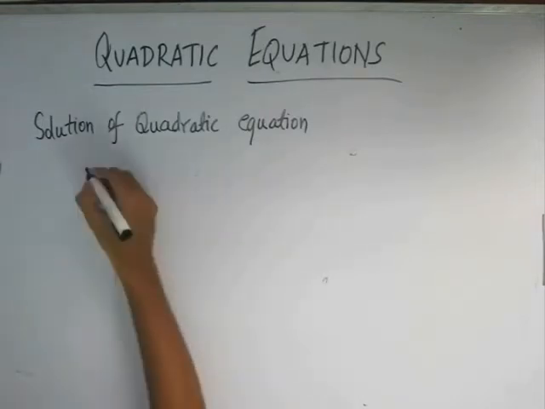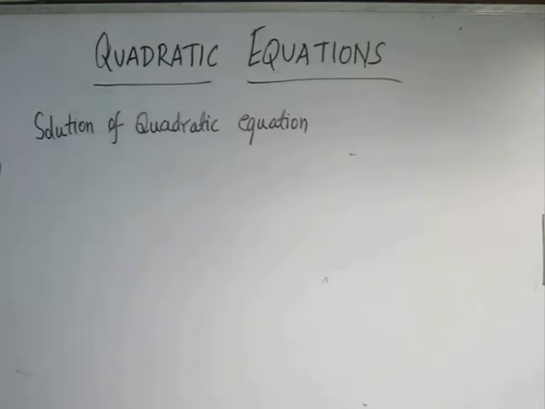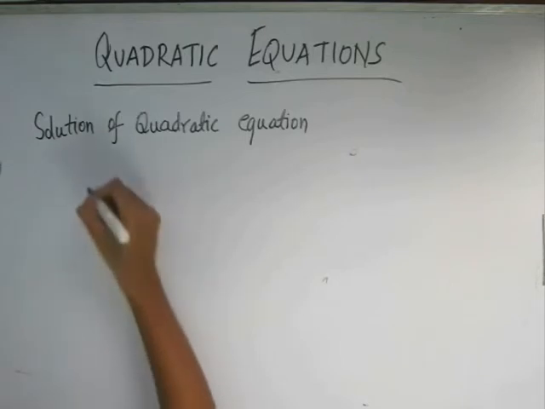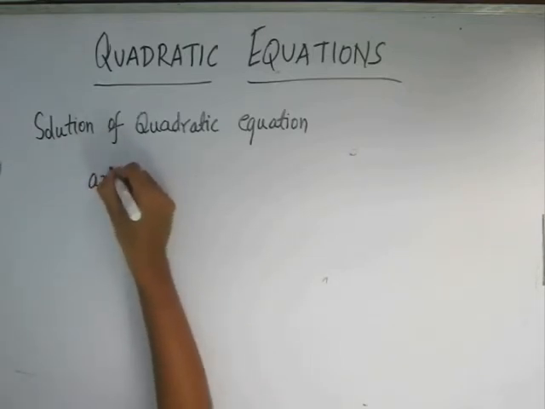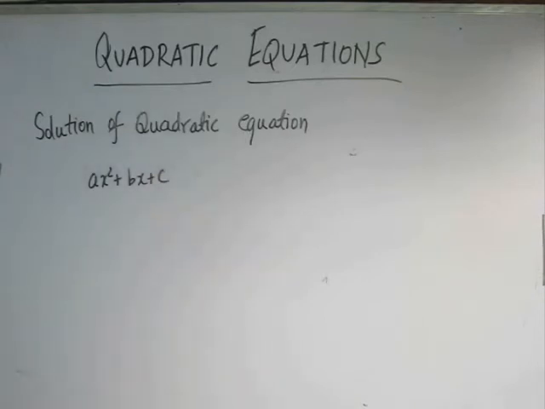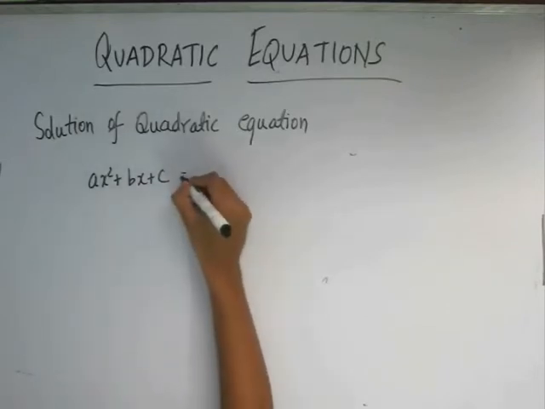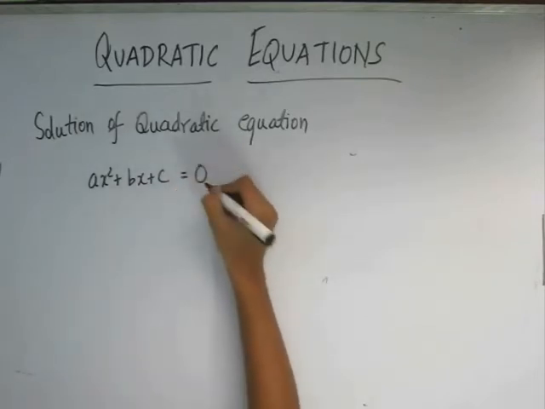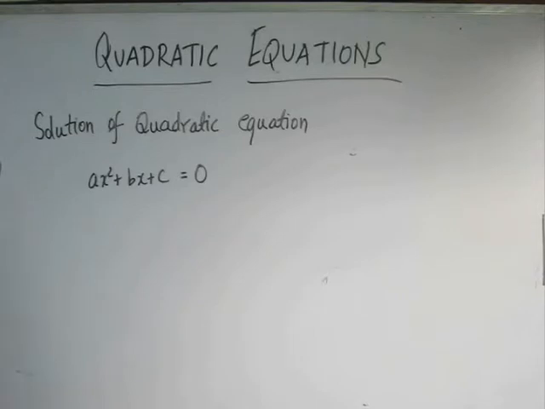Now the expression ax square plus bx plus c is just an algebraic expression. Now when we say a quadratic equation, an equation is when the expression is equal to 0. Now this represents a quadratic equation.